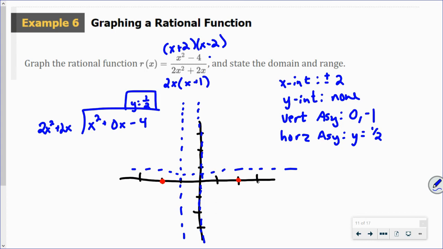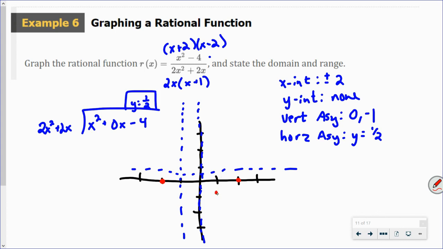So you might pick some other values here. Like if I pick 1, I would be at -0.75.